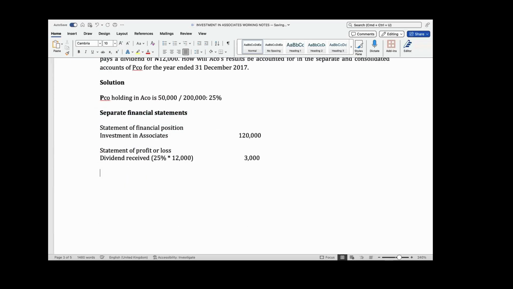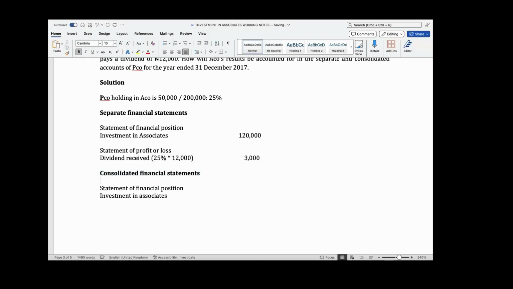But in the consolidated financial statements, under the statement of financial position, it is still investment in associates you will have.